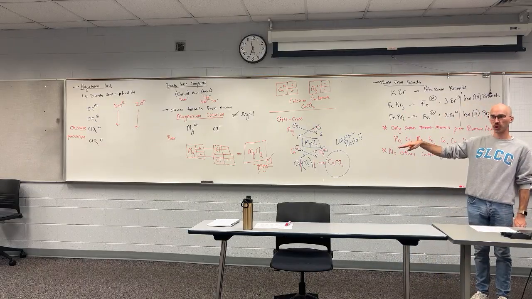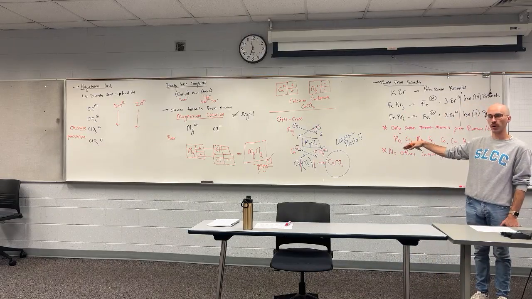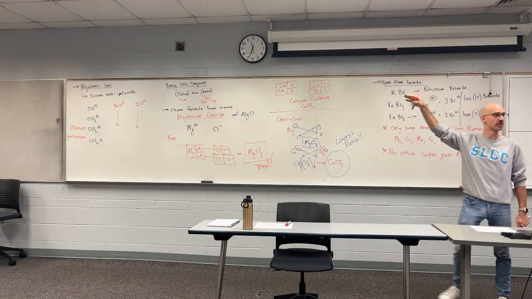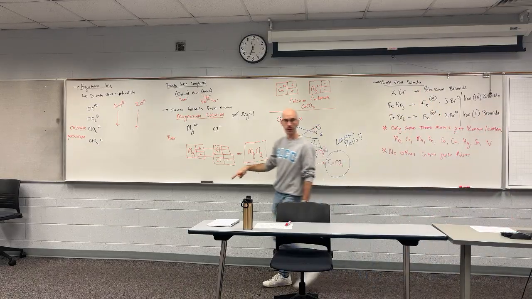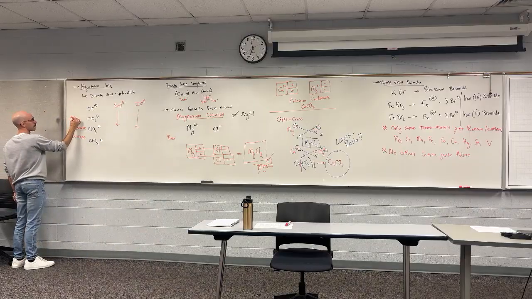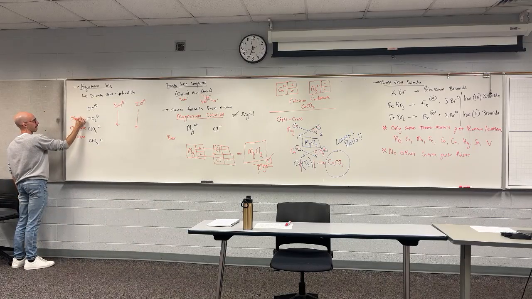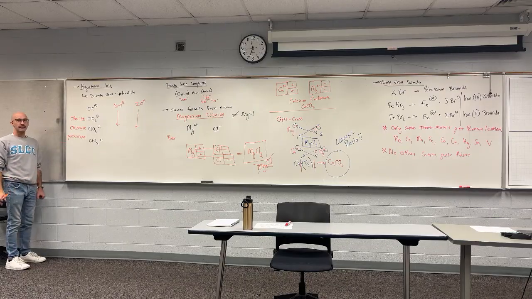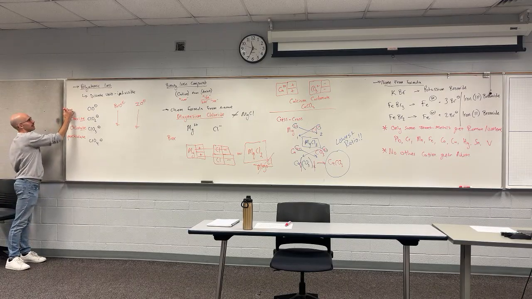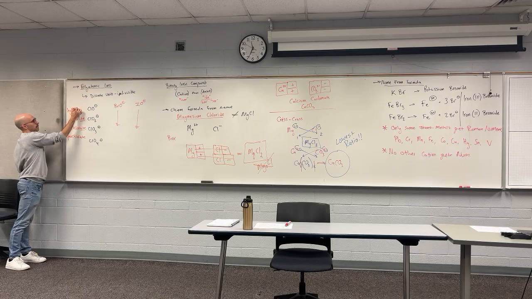If you can remember perchlorate, perbromate, periodate, you can work your way down the number of oxygens as you go. Perchlorate, chlorate, chlorite, and one less than chlorite, hypochlorite.